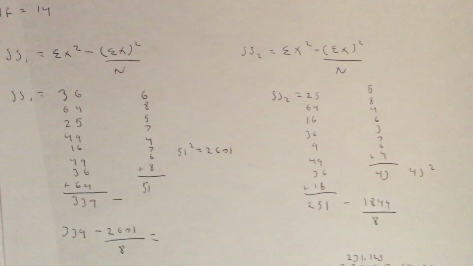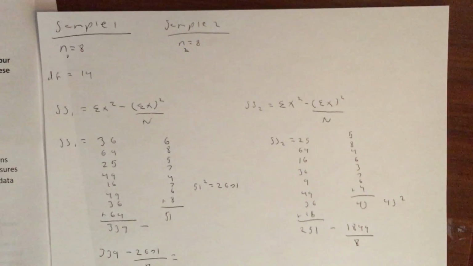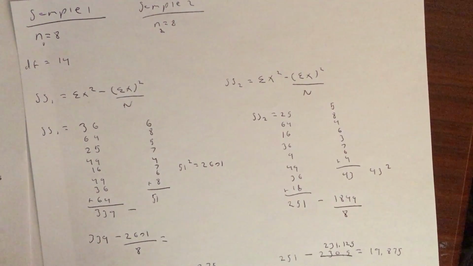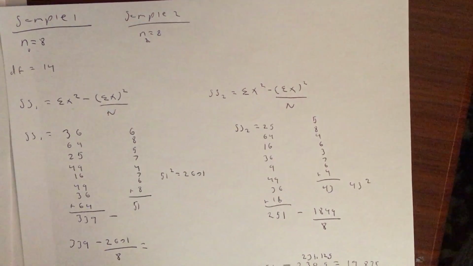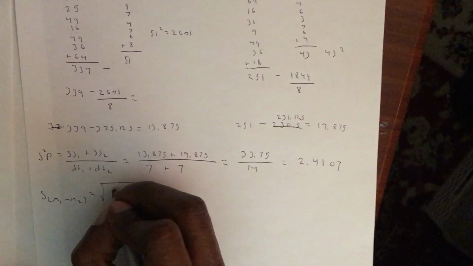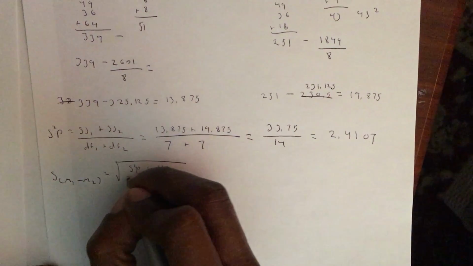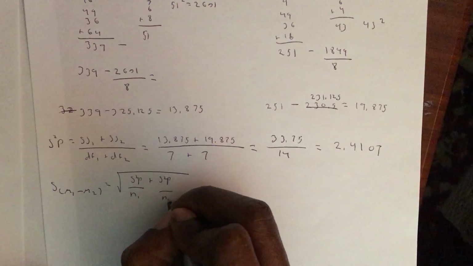Our next step will now be to calculate the standard error using the formula S M1 minus M2 is equal to radical SP squared over N1 plus SP squared over N2.